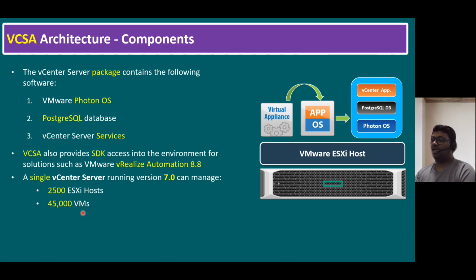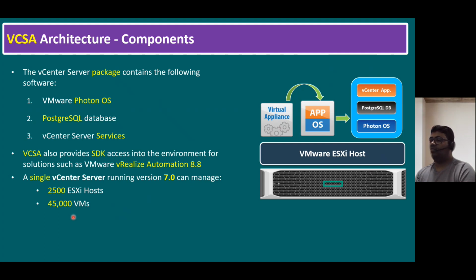But if we have n number of ESXi hosts and virtual machines, daily operations like virtual machine reboots, maintenance activities, patching, snapshots, and deploying virtual machines from templates become time-consuming tasks.